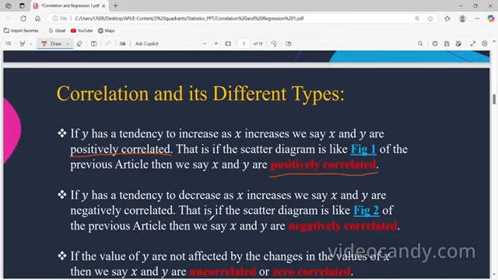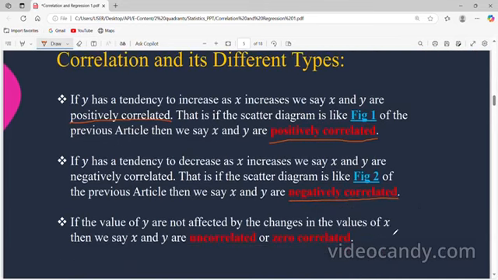That is, if the scatter diagram is like figure 2 of the previous article, then we say x and y are negatively correlated. And if the values of y are not affected by the changes in the values of x, then we say that x and y are uncorrelated or zero correlated. So these are correlation and its different types.